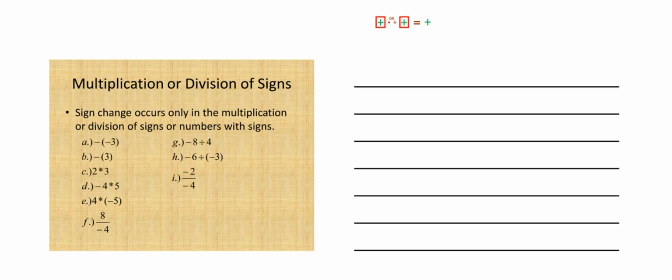For multiplication or division, if you have two positive numbers, a positive times a positive will always give you a positive number. Once again, if you're multiplying or dividing two negative numbers, negative times a negative will still give you a positive.